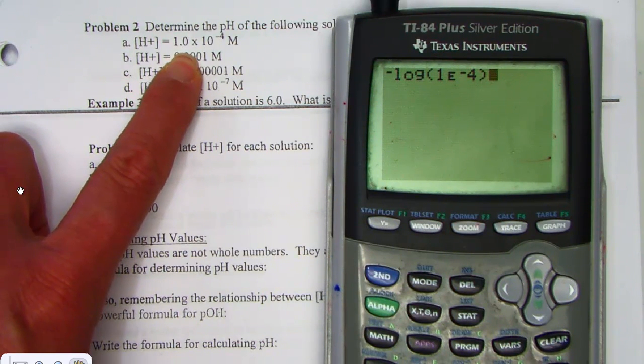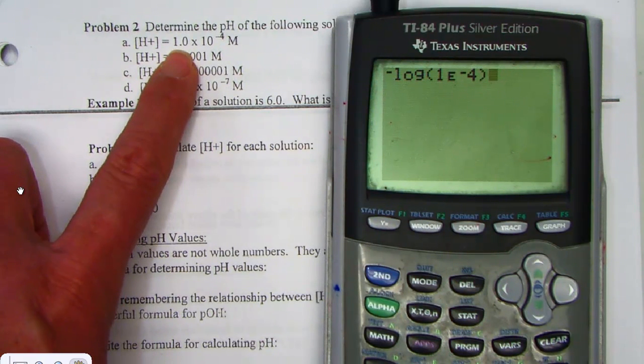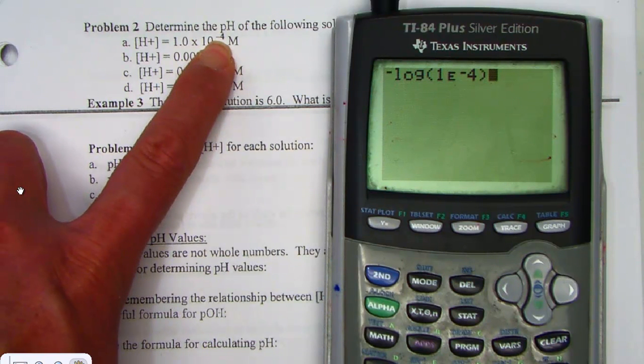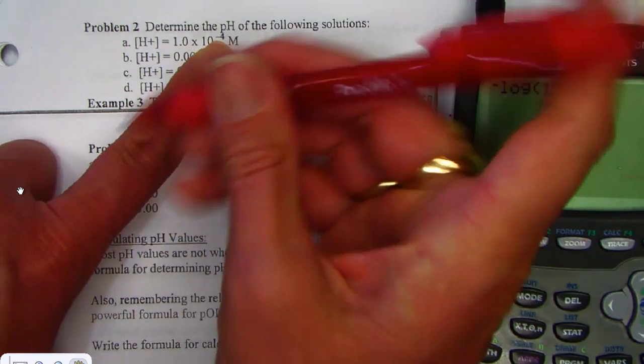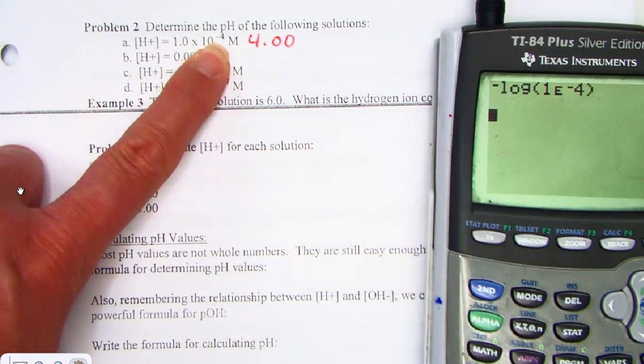For example, if we see a hydrogen ion with a molarity unit of 1 times 10 to the negative 4, look at the power on the 10. As long as it's a 1 times 10 to the something, I simply look at that exponent, and indeed the pH is 4. But friends, remember, 2 decimal places is our rule of thumb, 4.00.